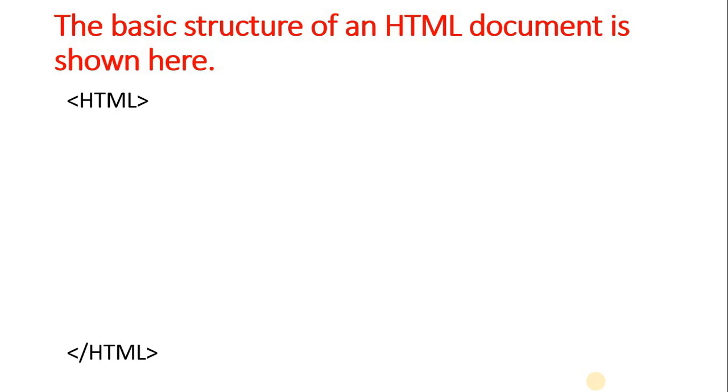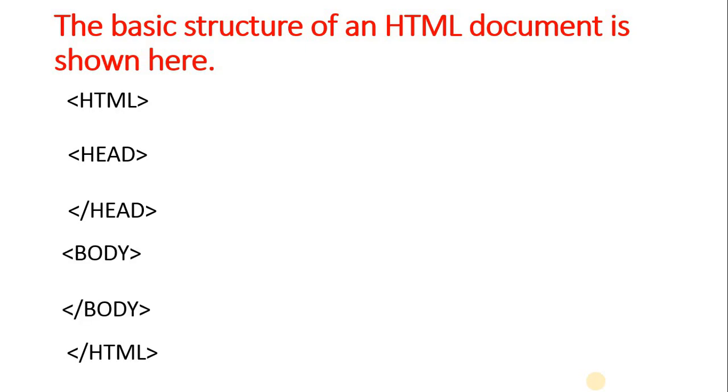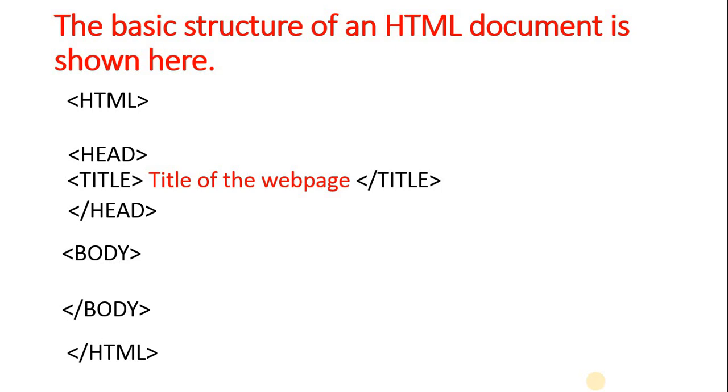We have two sections for writing an HTML program, that is head section and body section. The head tag is used to provide some additional information including title about a web page, and it is written inside title tag.